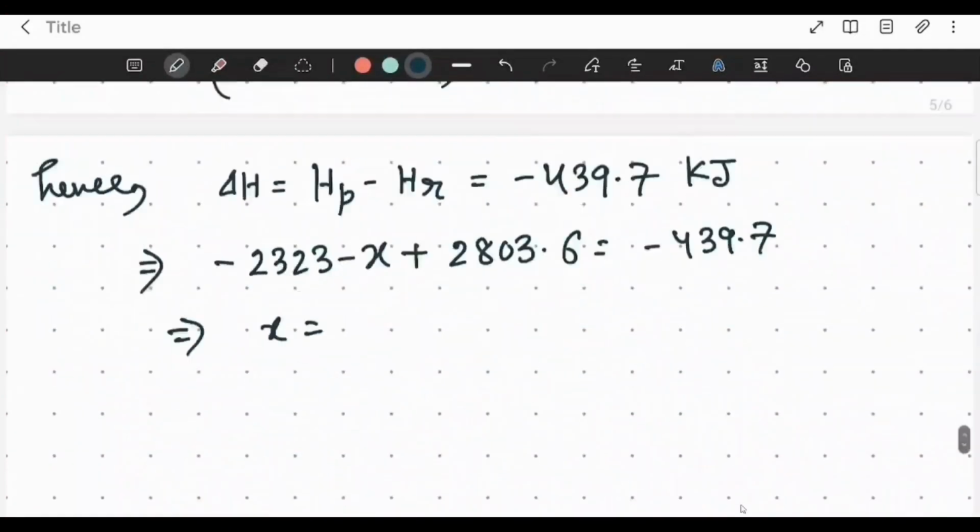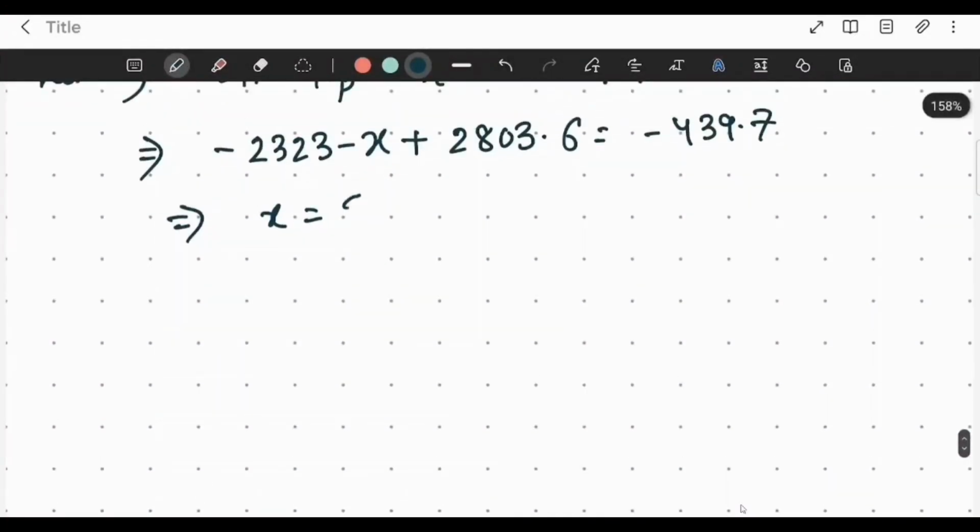No, it's correct. That should not be positive. Oh, this is negative, yes. This will be the resonance energy.